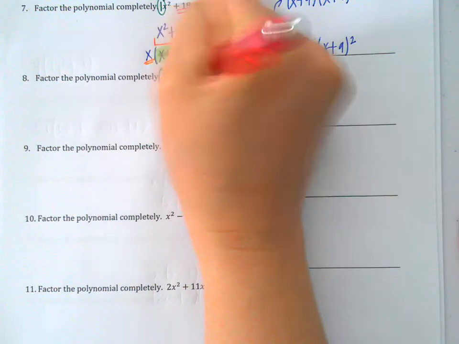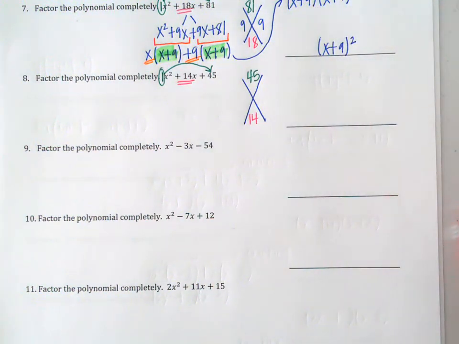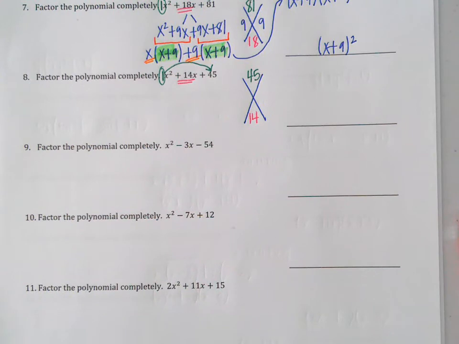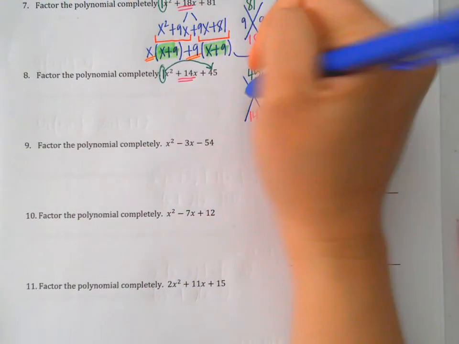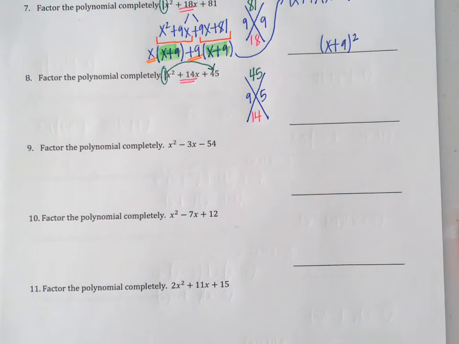And then my B term is 14. So I'm thinking, what 2 numbers multiply together to get me 45 and add to get me 14? So think about that. Look at your multiplication table if you need to. And then if you came up with 9 and 5, you would be correct.